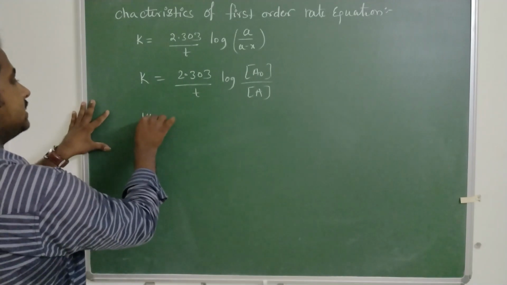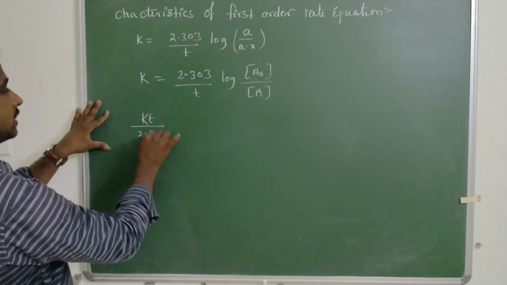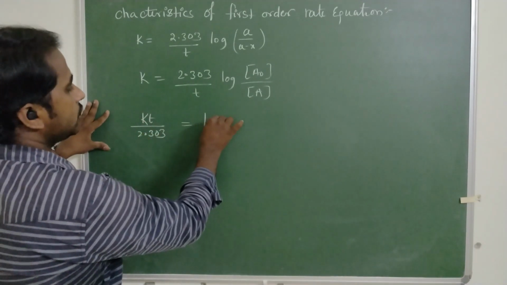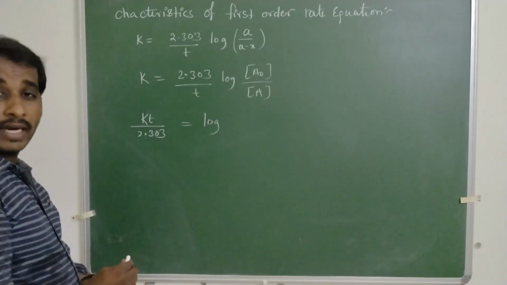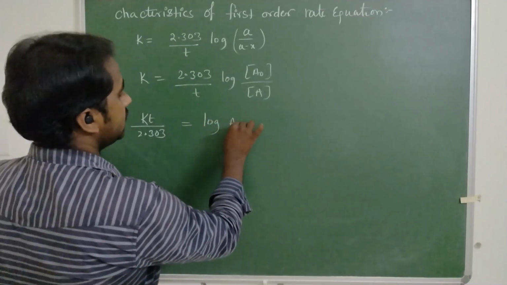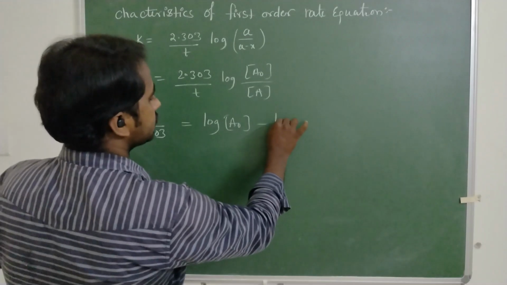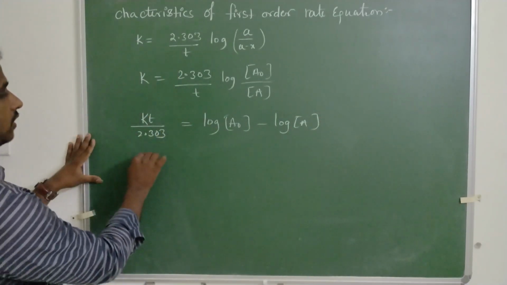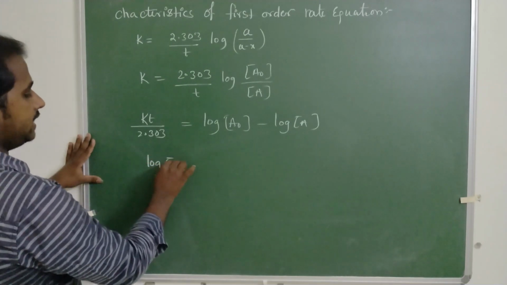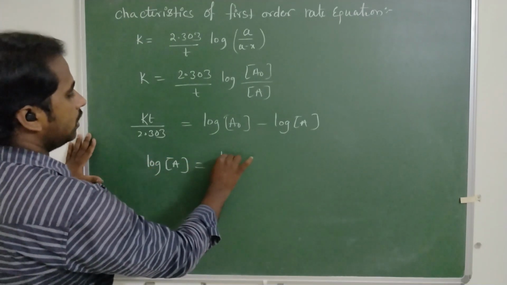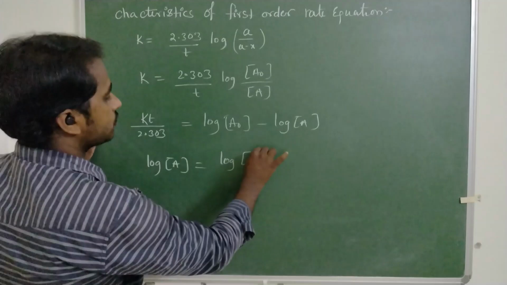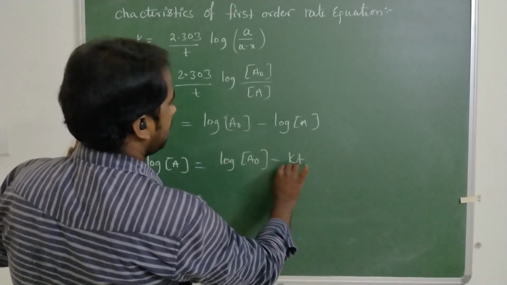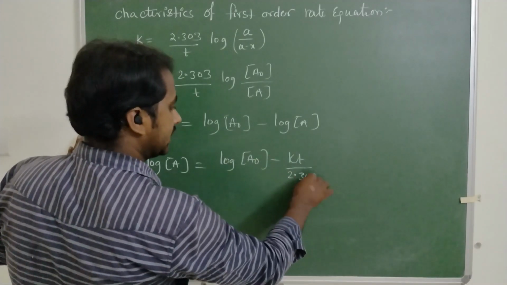This can be rearranged: kt by 2.303 is equal to log a naught minus log a. So log a is equal to log a naught minus kt by 2.303.